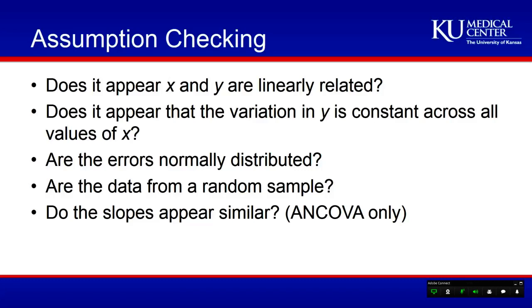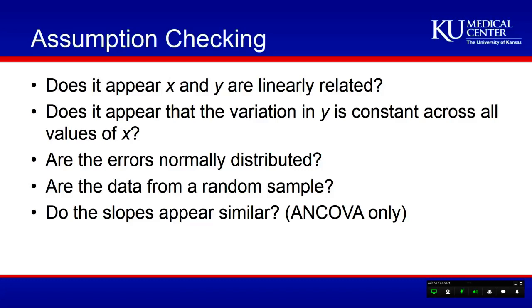So the idea that you have a set of independent observations, that each one reflects an independent subject, and that there's no spatial correlation or temporal correlation in the data that might need to be accounted for. That can also impact your results. Generally, to assess the assumption of independence, which is what this fourth bullet says, you have to know how the data were generated. Where did they come from? Are they on the same people?